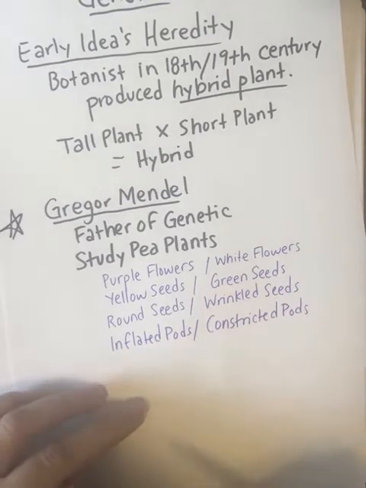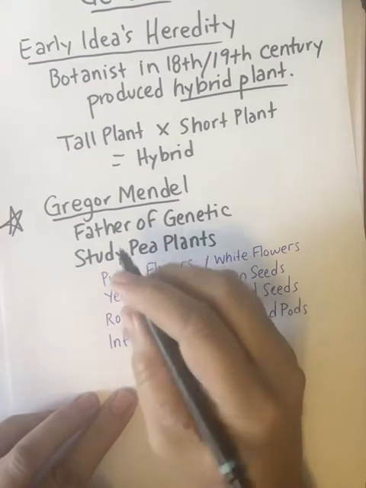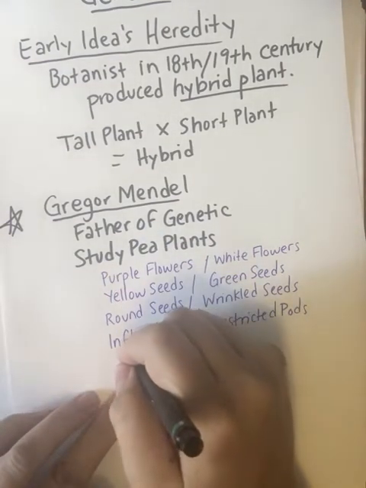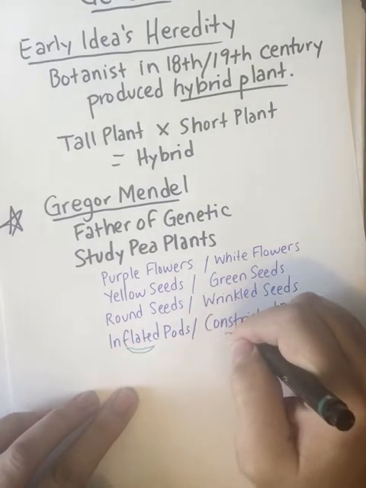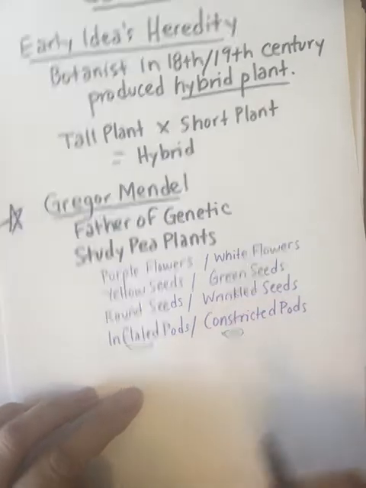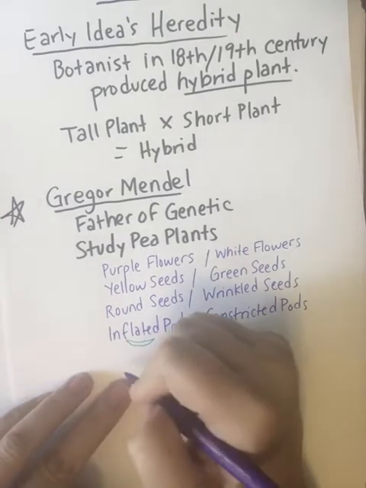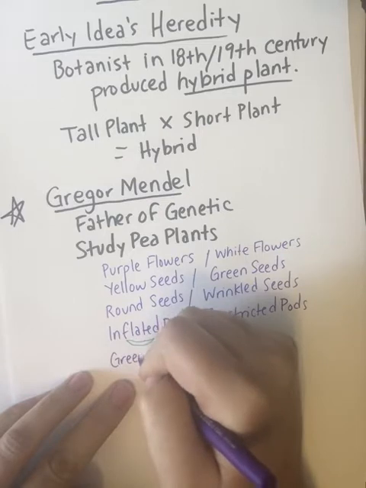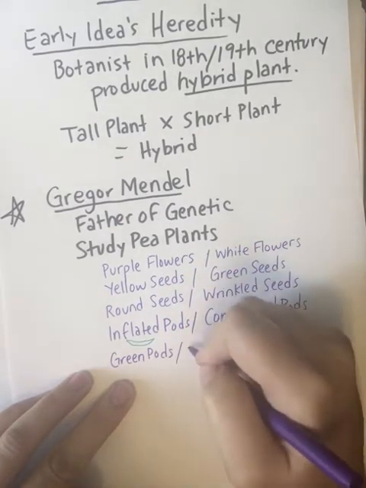If I were going to describe this in terms of a pea pod, I can't draw very well, but an inflated pod looks more like a green bean, where a constricted pod looks like you can see the peas inside of it. Now, the pod color varies in pea plants. You can have green pods. They also could be yellow pods.